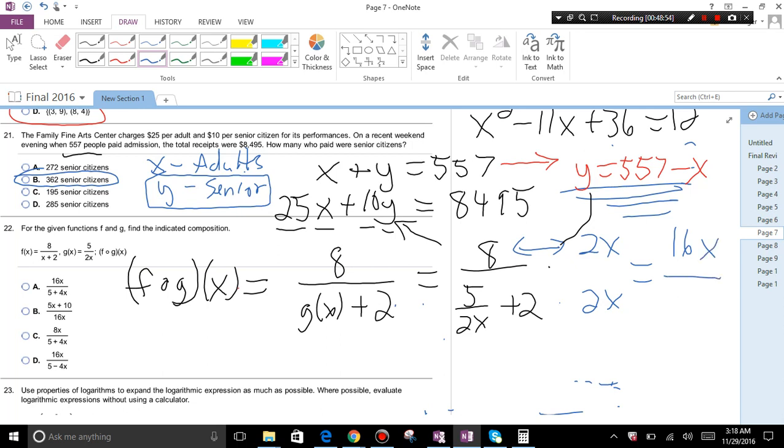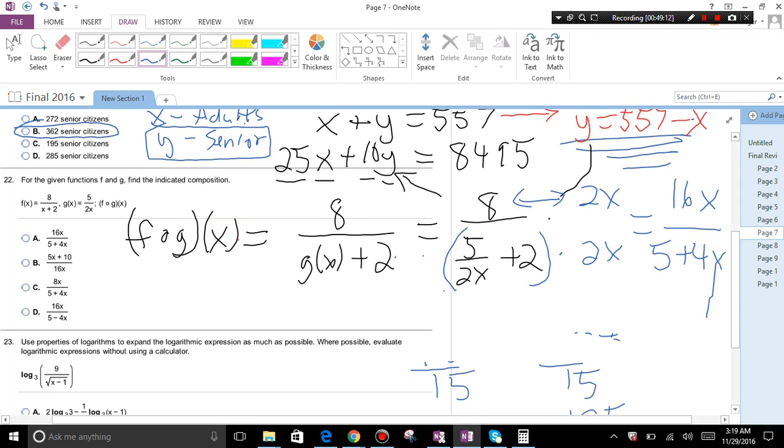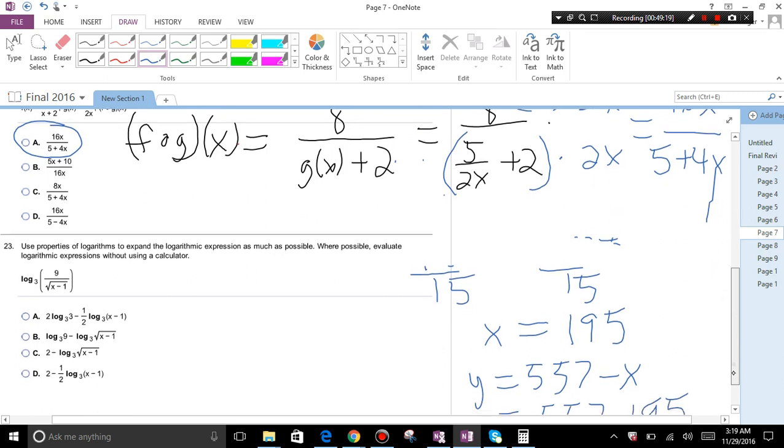It's 16x all over, and then you distribute this 2x times everything here. 2x times 5 over 2x is just 5 because the 2x's cancel, and 2x times 2 is 4x. That is putting one function inside the other.